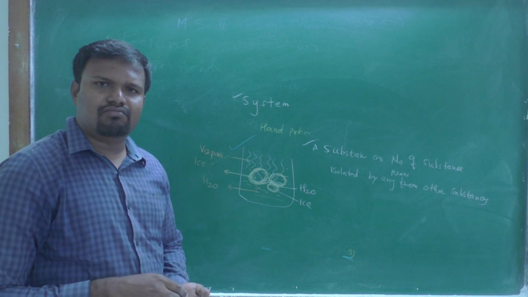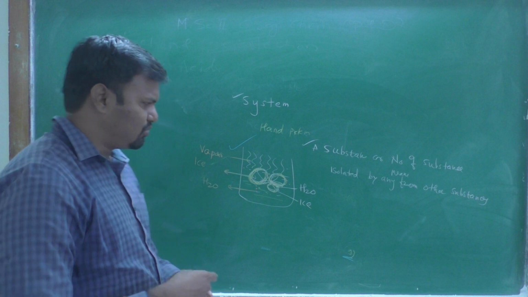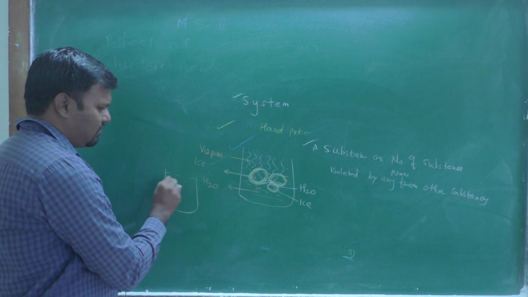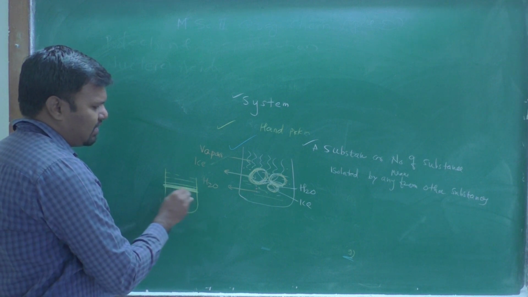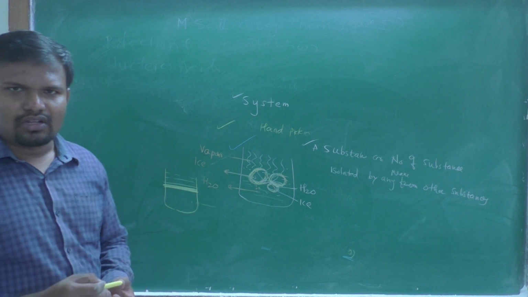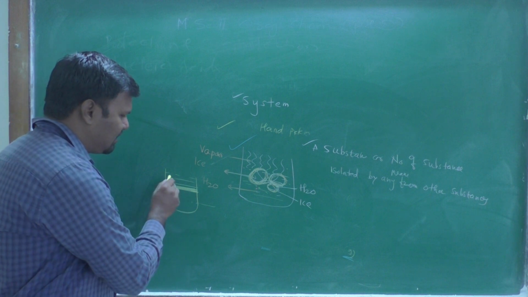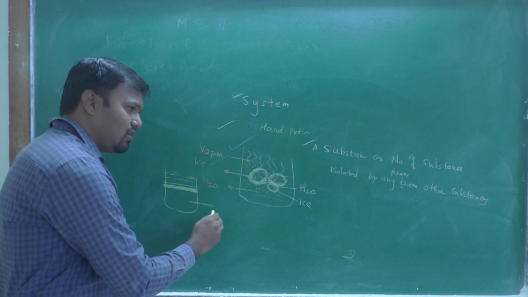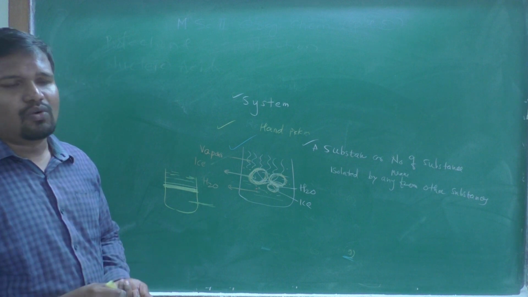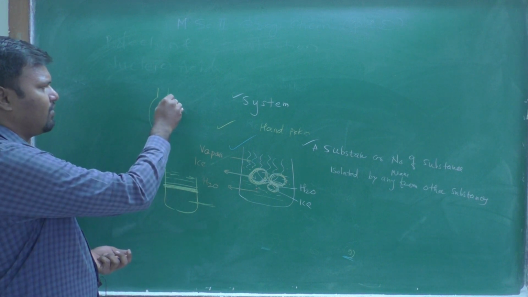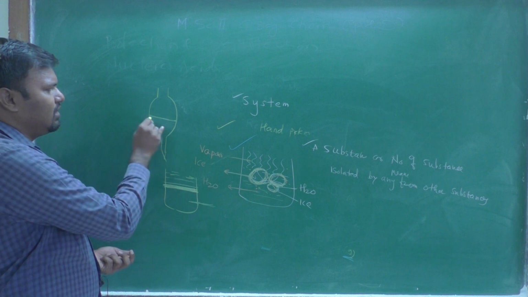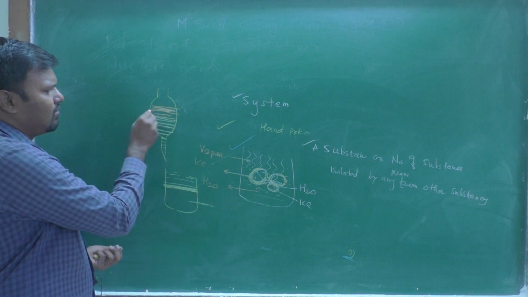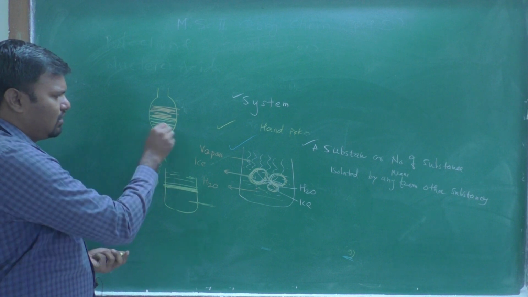Then if the other type of system is there, in this system you have oil and water. There is a distinct separable layer. Therefore you can remove your oil when it mixes with water by using a simple separating funnel.